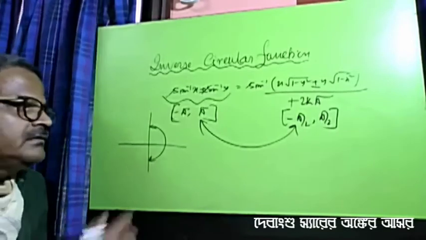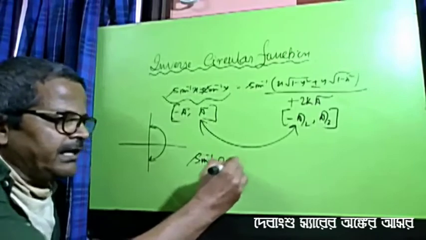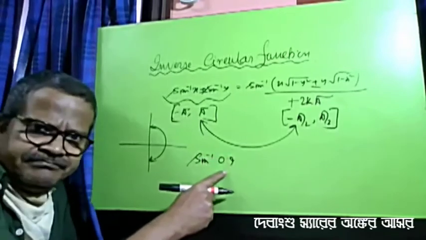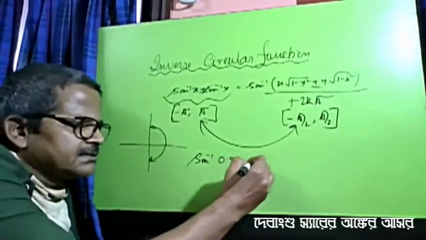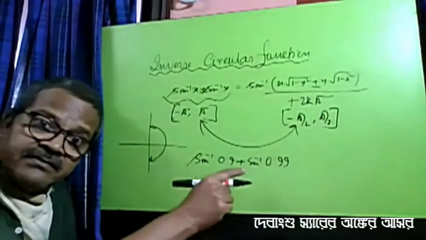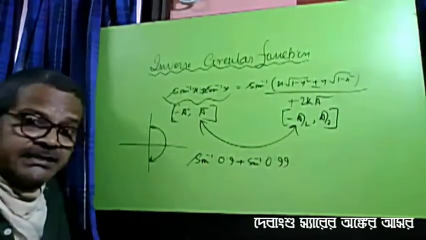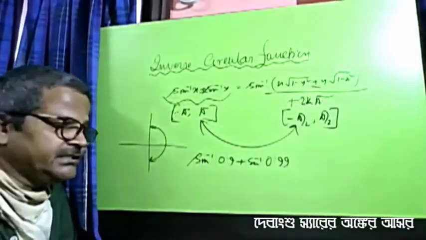For example, say sin inverse 0.9. It is very close to 90 degrees. Plus sin inverse 0.99. It is even closer to 90 degrees. So their sum is very close to 180 degrees.